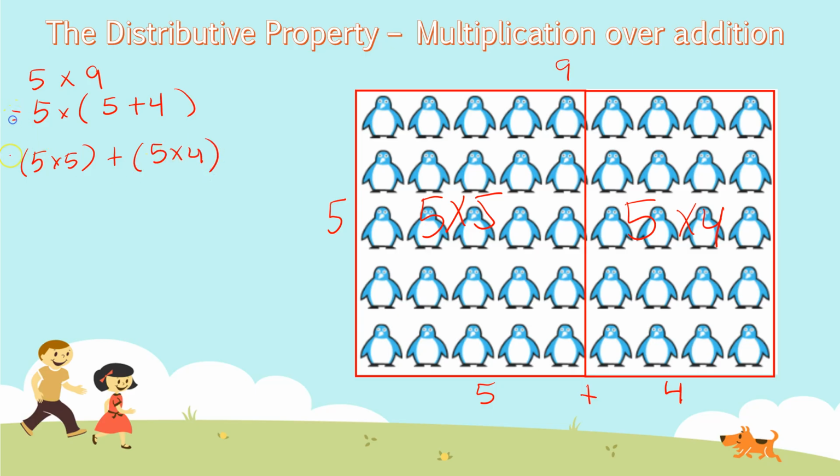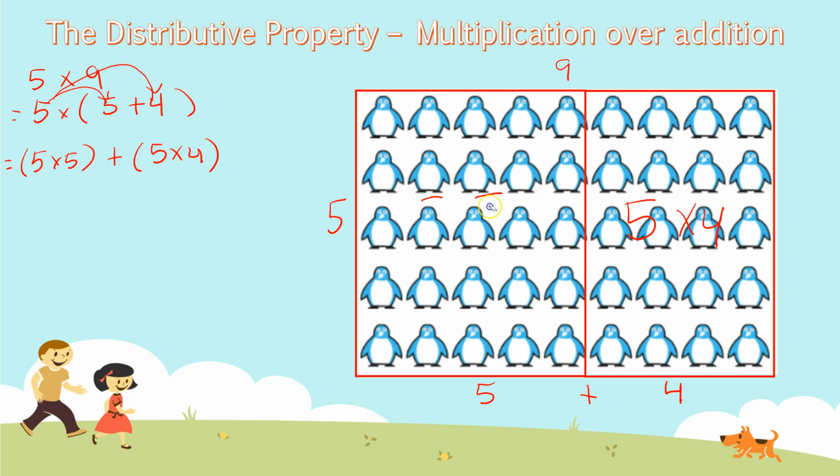And that is what we call the distributive property. It's multiplication over addition. So we have to distribute the outer 5 into each one of the things inside. So that would be 25 plus 20, and that is 45.